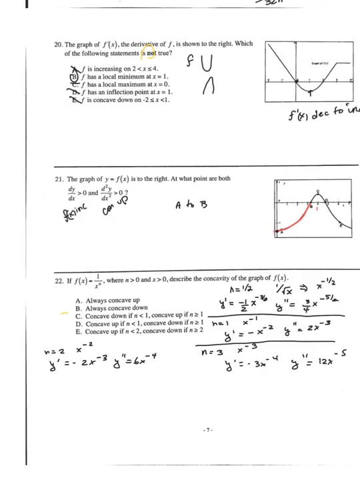Okay, so for number 22, I did the calculus for this question. So I got the first derivative and the second derivative. So the signs are always going to be positive when x is greater than 0, so it's always concave up. Now, if you just typed in those graphs, you would see, using those restrictions, that that's the same case as well.